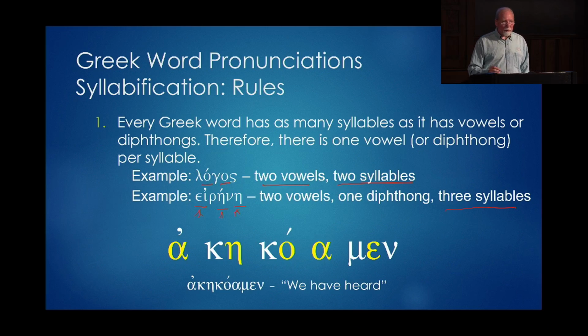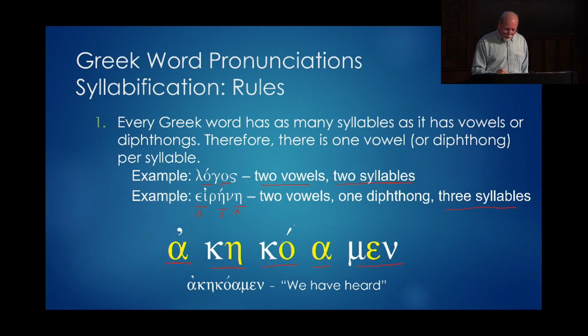There was an old song, Good Night, Irene. So, good night, peace. Anyway, Eirene with 3 vowel sounds, diphthong, 2 vowels, 3 syllables. So, down here at the bottom we have a, k, ka, men.